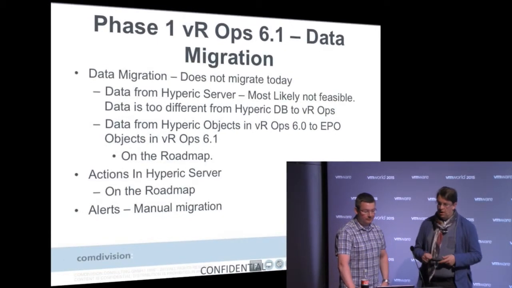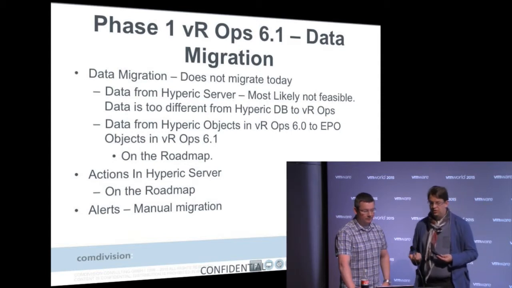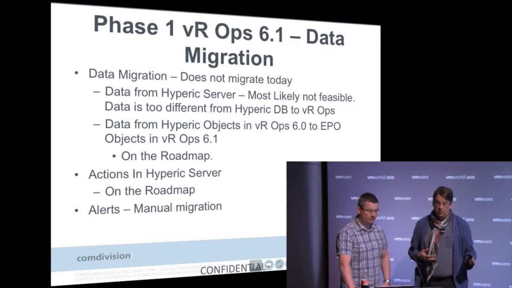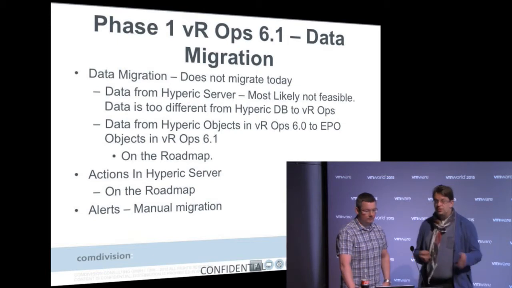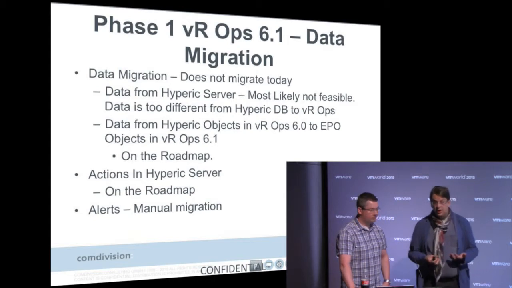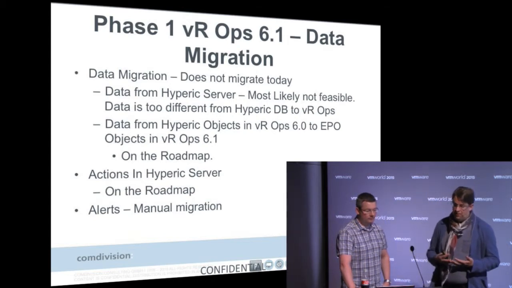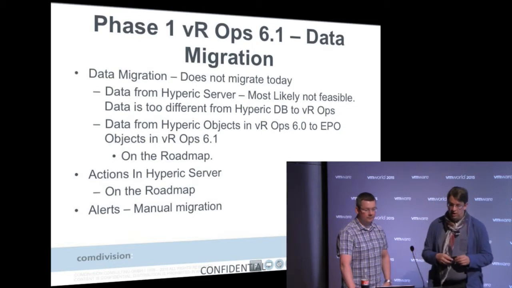One thing we need to mention, the only big caveat with this overall setup, is data migration. When you move from VROps 6 to VROps 6.1 and you already have Hyperic installed, you need to be aware that there is no direct one-to-one move between Hyperic and VROps.